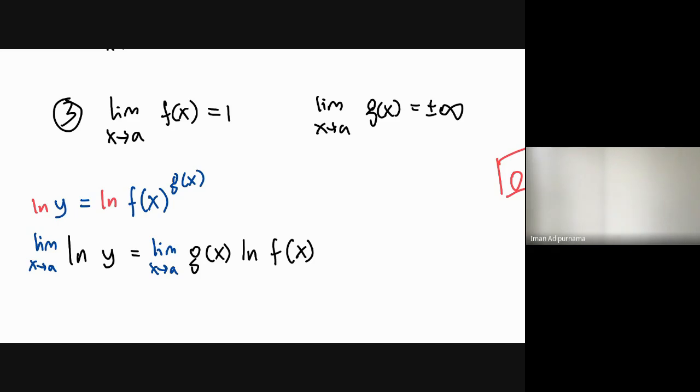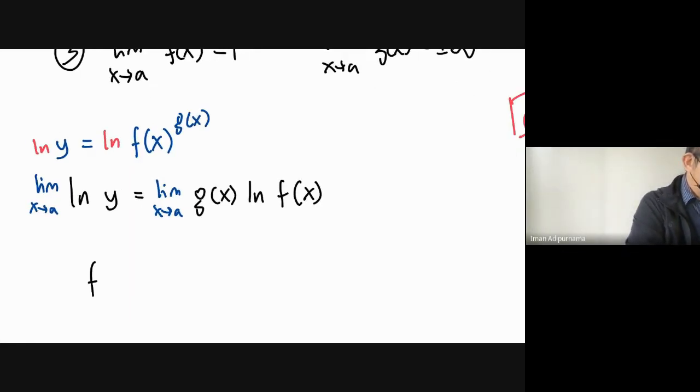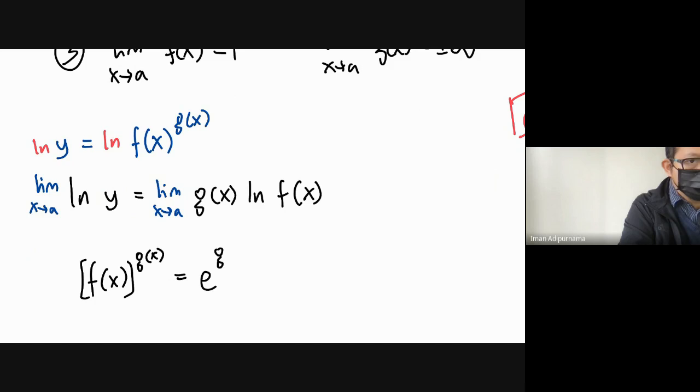So when you calculate this g ln f of x, the right part here, when you have the result, remember that the result is in the form of ln. And then you need to rewrite in form of y. That is, f of x with the power of g of x is basically e with the power of g of x ln f of x.